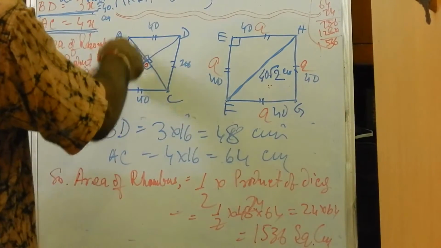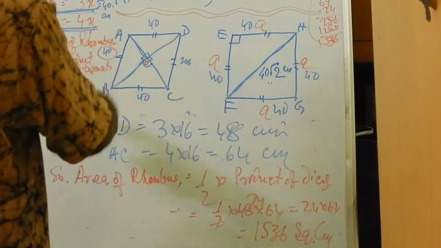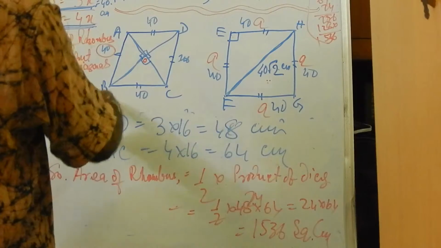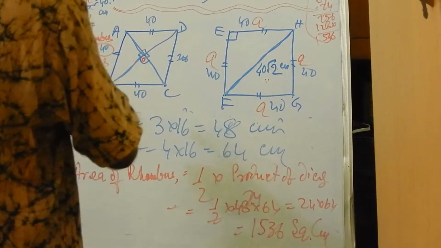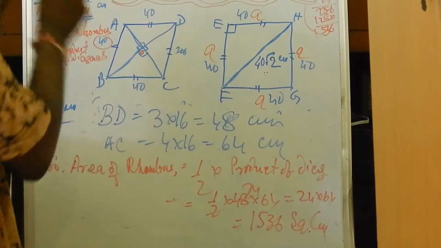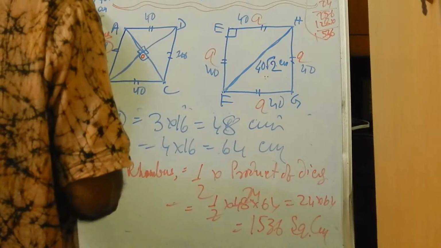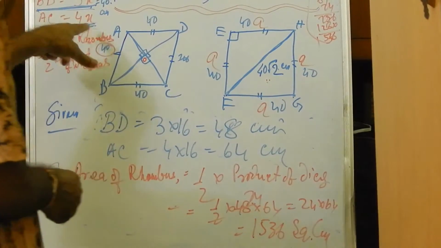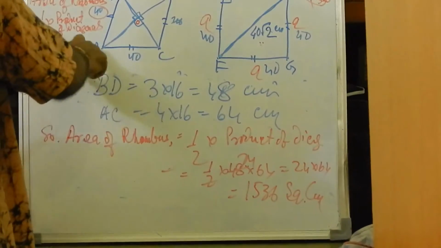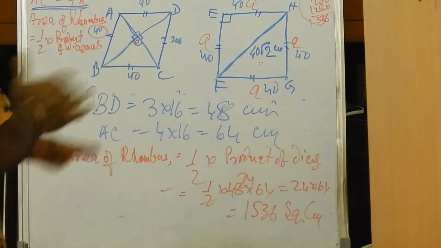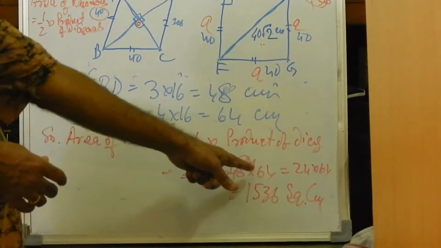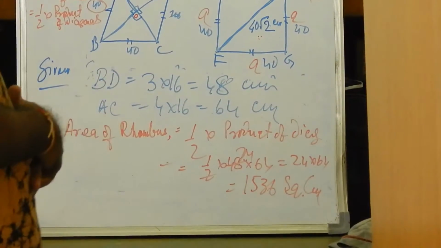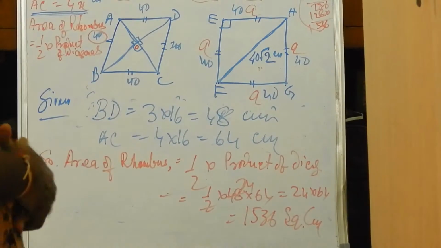Pythagoras theorem we applied again, AB square equal to AO square plus BO square, and thus we got the value of x as 16, so the value of BD was 48 and value of AC was 64, and now the simple formula for finding the area of rhombus, half into product of diagonals, half into 48 into 64 equal to 1536 square centimeter.